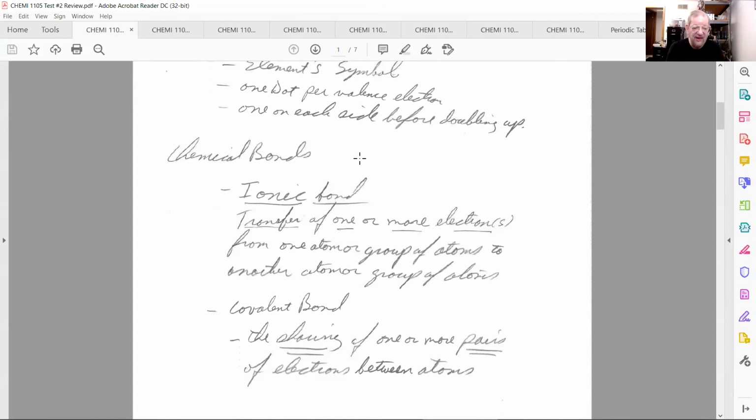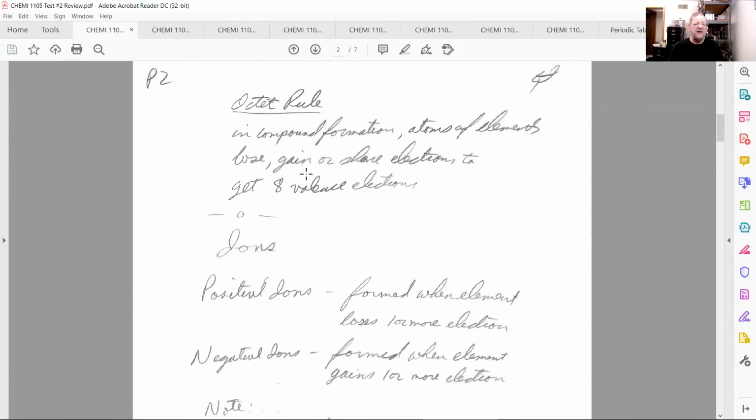So you should know the ionic bond is the transfer of electrons, and the covalent bond is the sharing of 1 or more pairs of electrons between atoms.